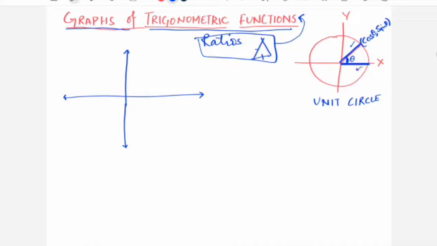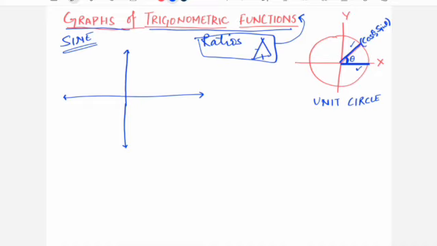Now we are going to graph the sine function first. We're going to graph sine functions using the values that we have already found in the unit circle.